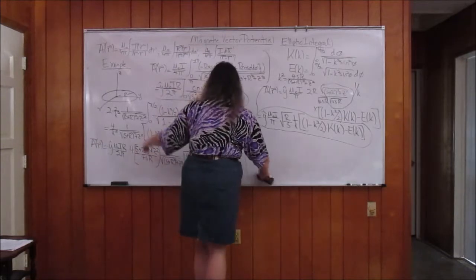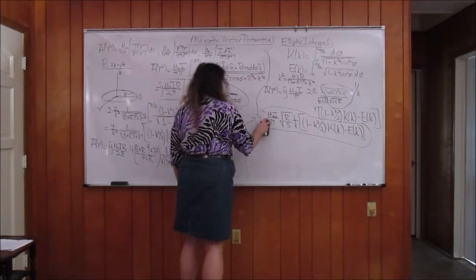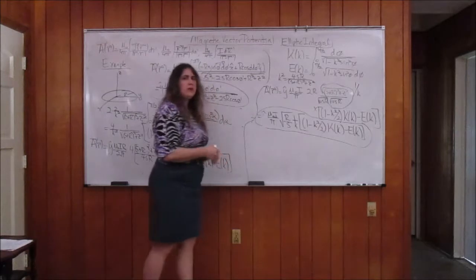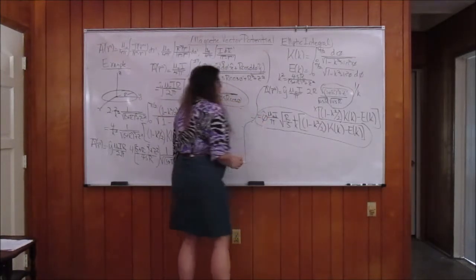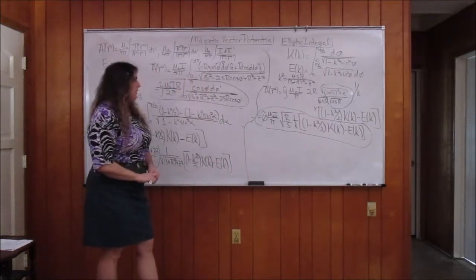Now, we just evaluated this at phi equal to 0, but generalizing it to any point, because I know that the vector potential is going to behave the same way, I can replace that by phi caret.